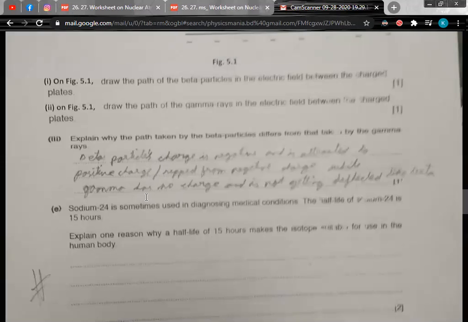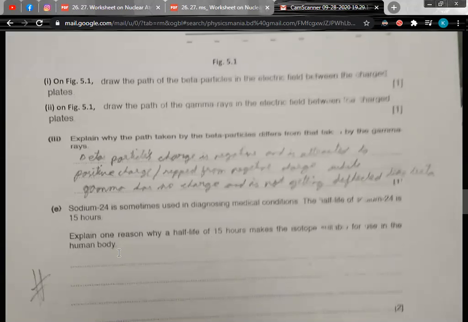Both are correct. Then gamma ray has no charge and is not getting deflected. Very good. Your answer is correct.